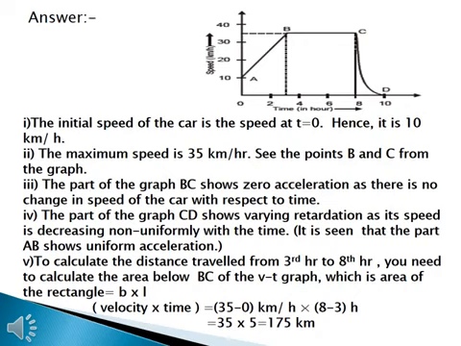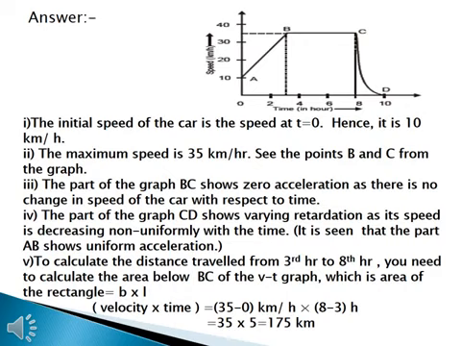What is varying retardation? It means that the speed is decreasing non-uniformly. Hence, the graphical part should be the curve down. Here, which part is curve down? The part CD is the curve down, which shows varying retardation.